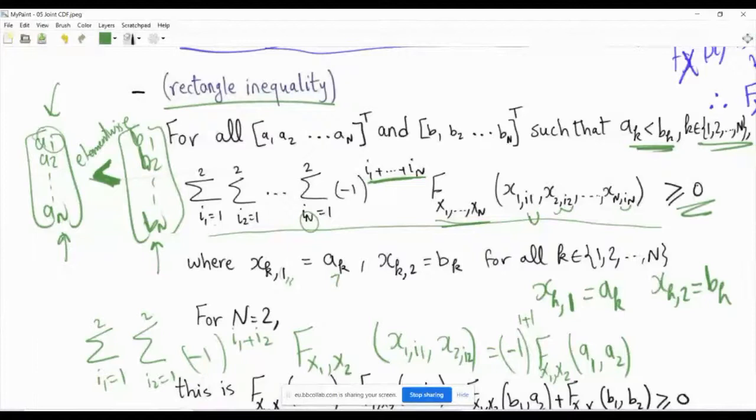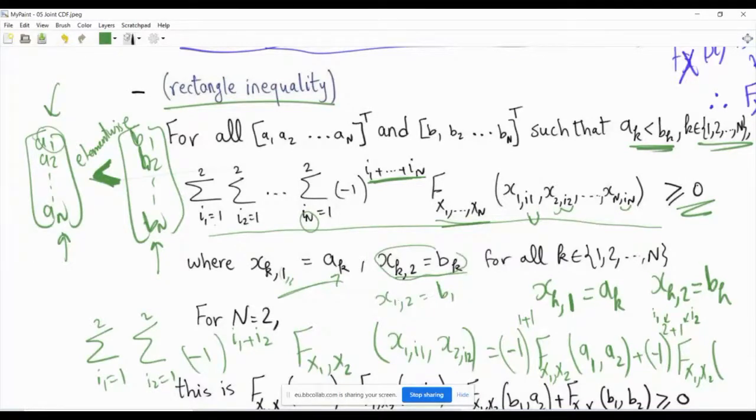Let's make I1 equal 2, and I2 equal 1. So what do we have? We will have x1,2. What is x1,2? It is B1, right? A direct application of this thing. x1,2 is B1.